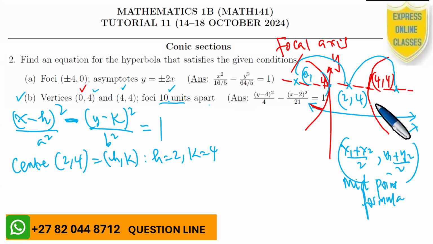So if the center is at (2, 4), you add 5 units. In particular, this gives us our C. Because we add C to the center, you add 5 plus 2, which is 7. And then 5 units backwards: 2 minus 5 gives minus 3, 4.